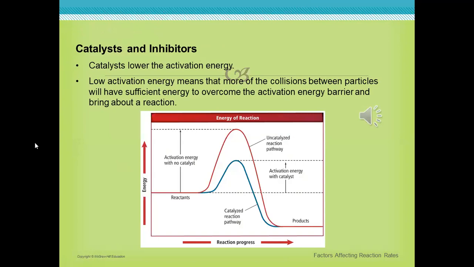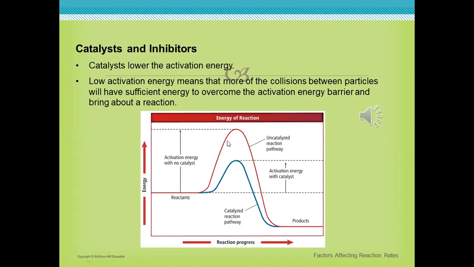This is the reactants, activation energy with no catalyst, but this is the activation energy with a catalyst, so it will decrease the amount of energy needed to overcome the activation energy.